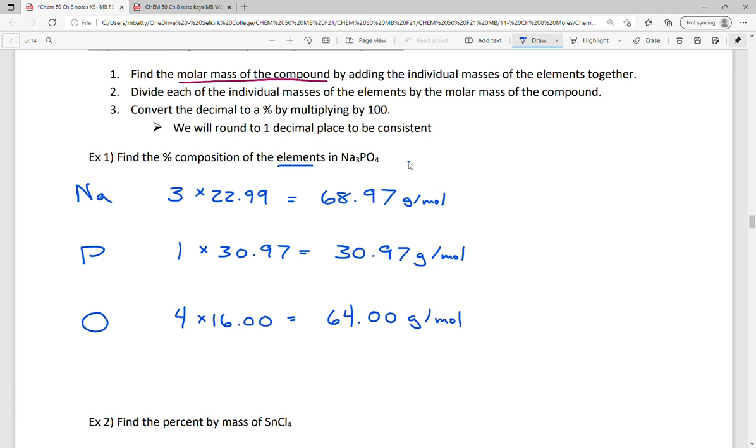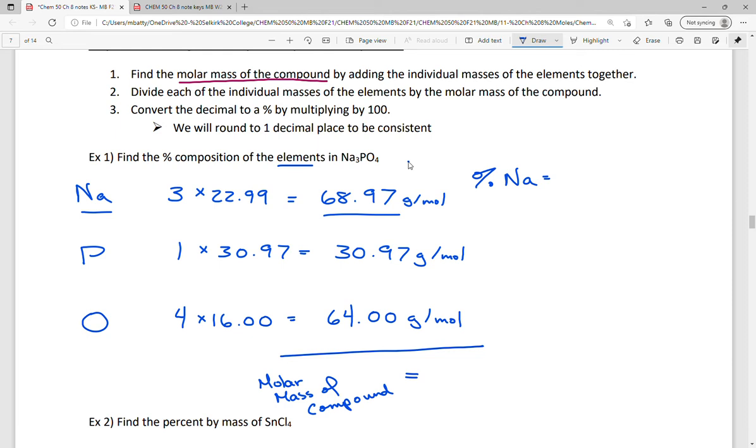If I want to figure out the percent of this that is sodium, I would take this number, which is all sodium, and divide it by the total molar mass of the entire compound.